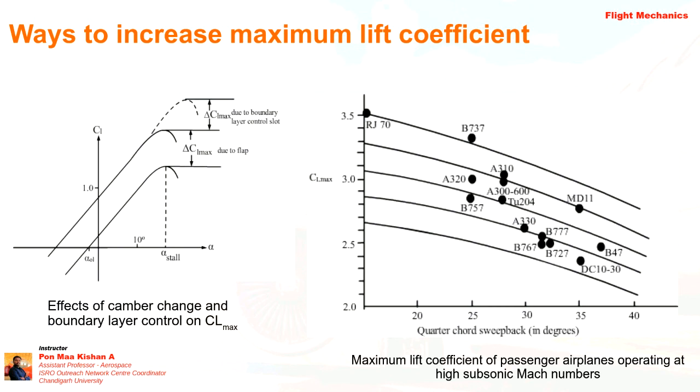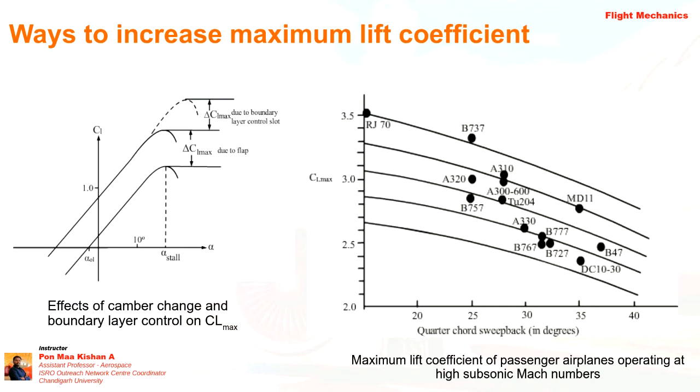Here I have given some aircraft comparison, especially for sweepback, showing how CL max can be generated with sweepback. Quarter chord: what does quarter chord indicate? That is nothing but one-fourth of the total chord.